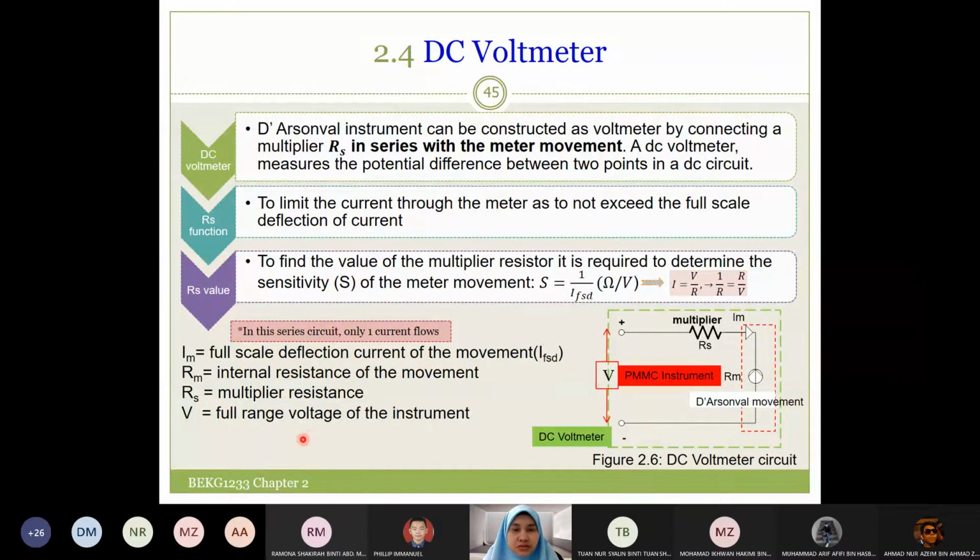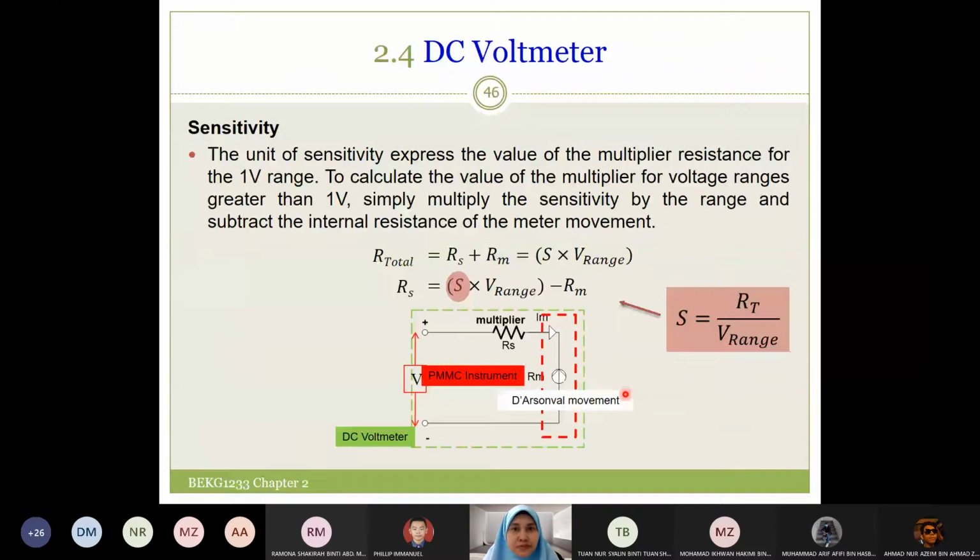V is the full range of the voltmeter. The unit of sensitivity expresses the value of the multiplier resistance for the 1 volt range. To calculate the multiplier for voltage ranges greater than 1 volt, simply multiply the sensitivity by the range and subtract the internal resistance of the meter movement.